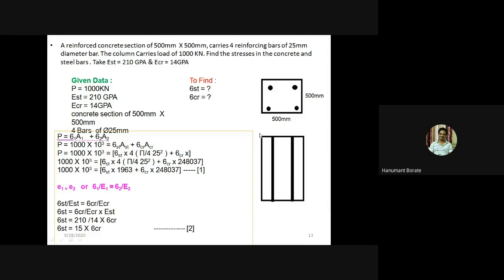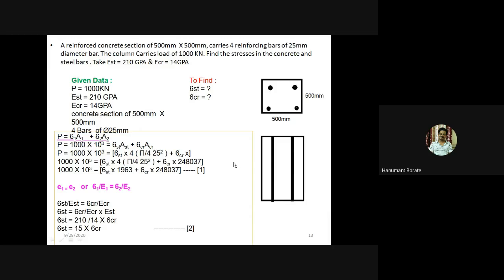The diameter of each steel member is 25, and there are 4 steel members, so the total area is 4 into the cross section area of one member, pi by 4 into 25 square, plus the concrete stress into the area of the concrete.